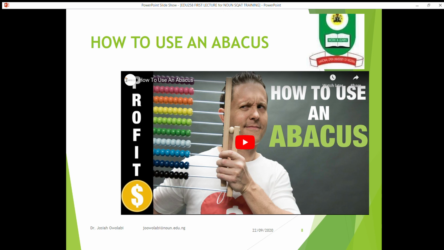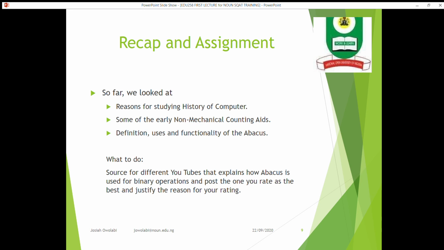I will not be able to show you this video, but once I click on it, the video is going to be playing. You have several such videos on the net that teach you how to use the abacus to add, to subtract, to multiply, to divide, and to do quite a number of other things. So you can look at the internet, you see quite a lot of this, and you get to appreciate the abacus.